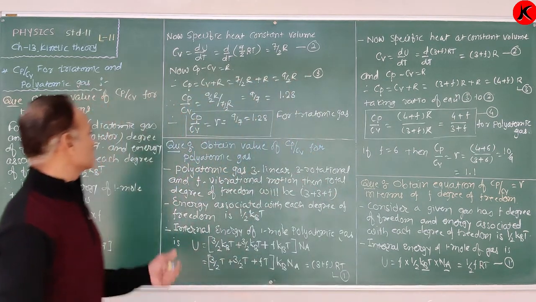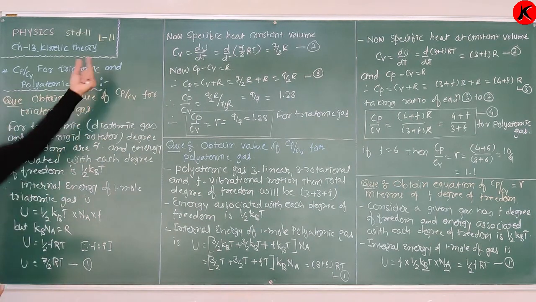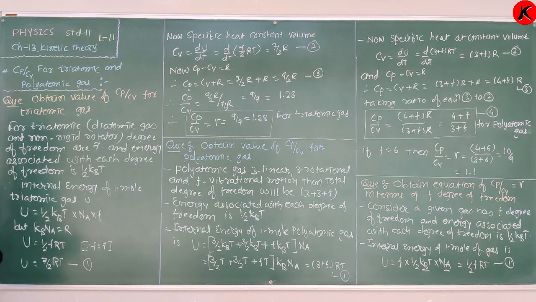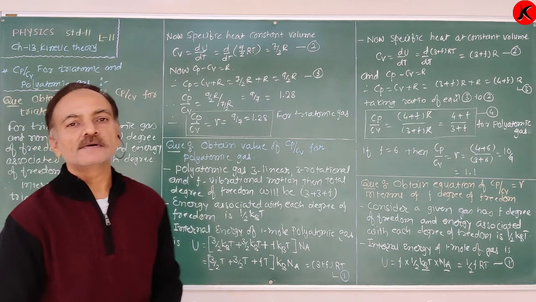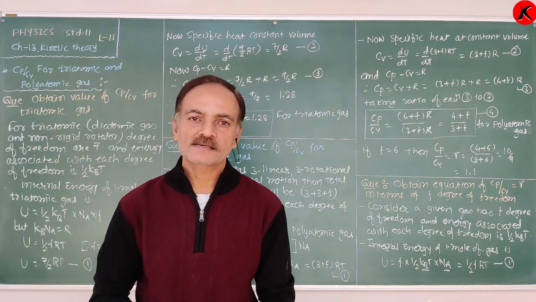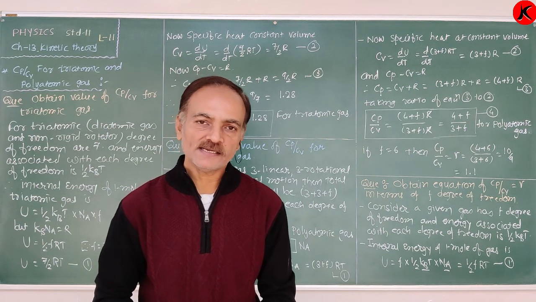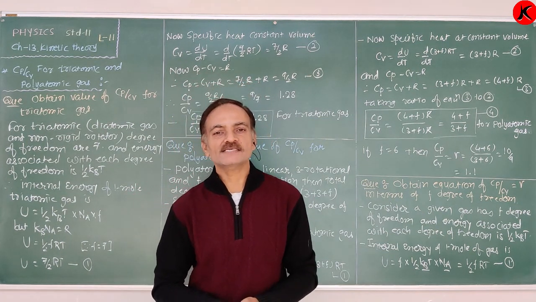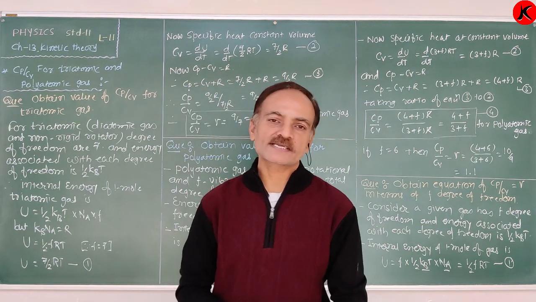So here, the diatomic or triatomic gas with non-rigid rotator possesses 7 different types of independent motion: 3 linear motions along x, y, z, 2 rotational motions, and 2 different types of vibrational motion.